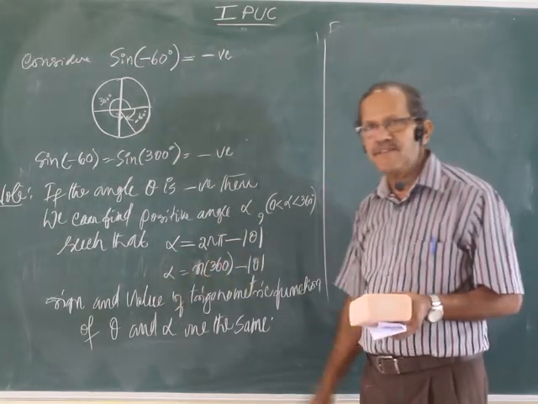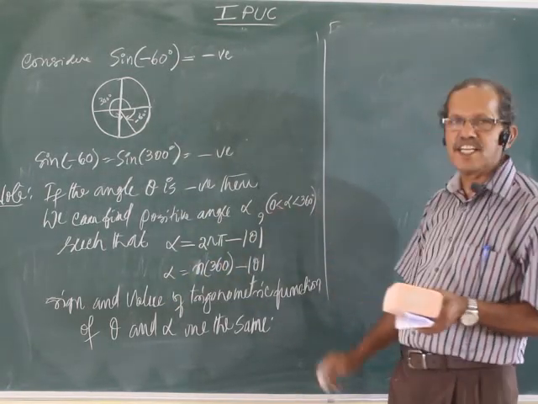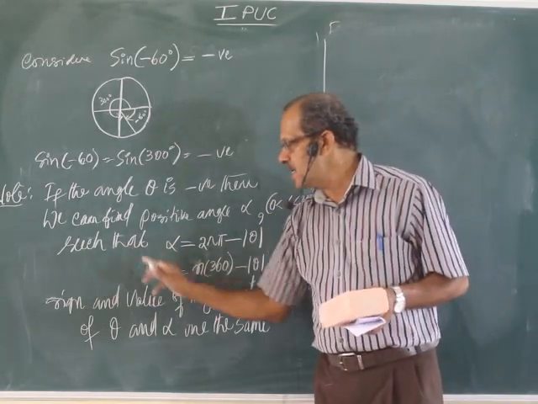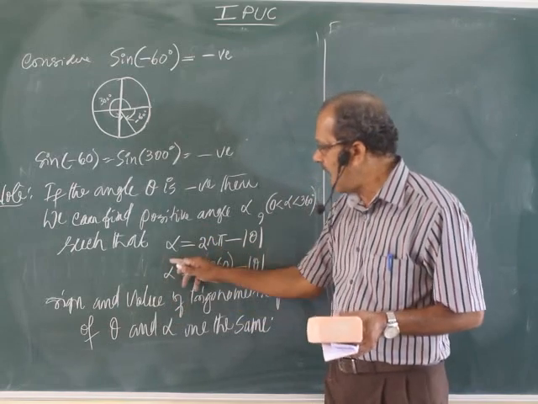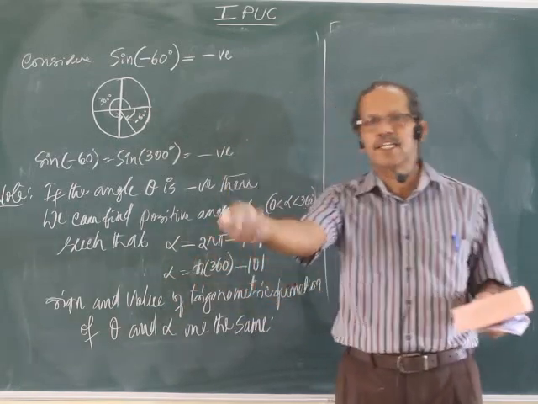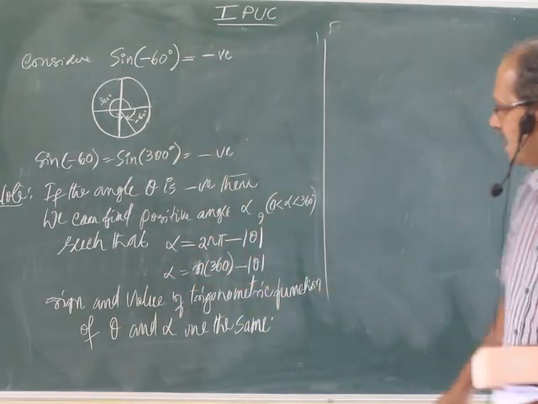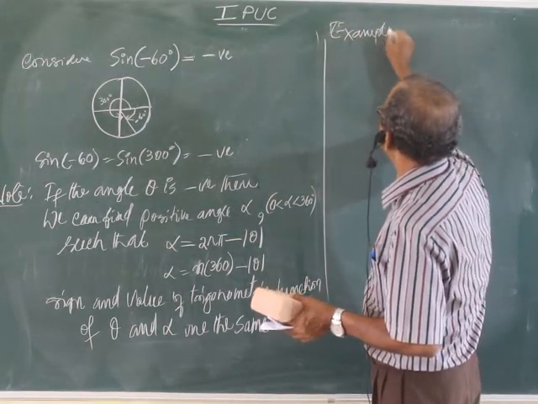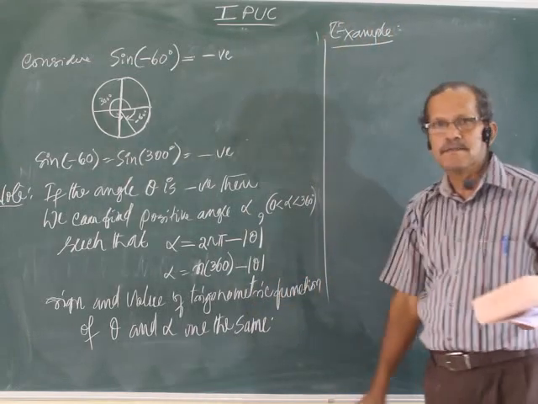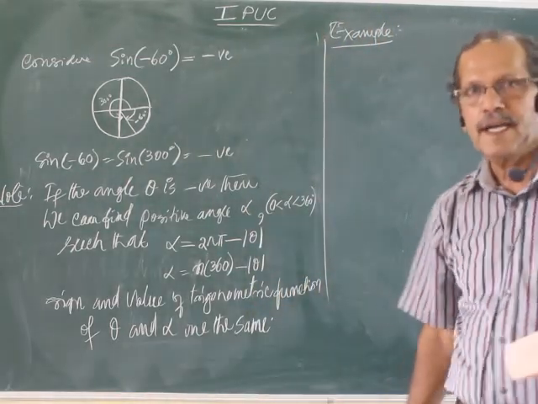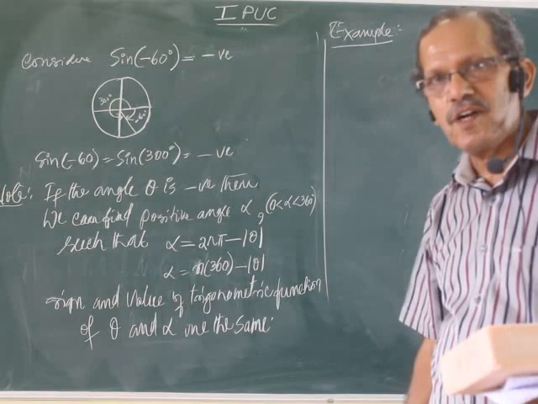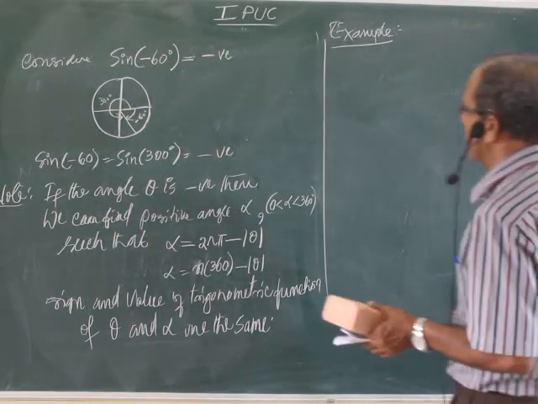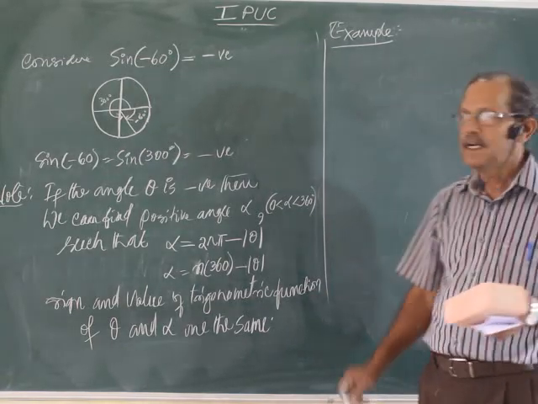The angle obtained is alpha. It should be in between 0 and 360, such that the trigonometric value of alpha as well as theta are one and the same. Leave it. Let me give the example only. Then, if it is not understood, let me explain once again. But how can I know whether you understood or not? You may have to send me the notes and homework. Then only I can understand that.